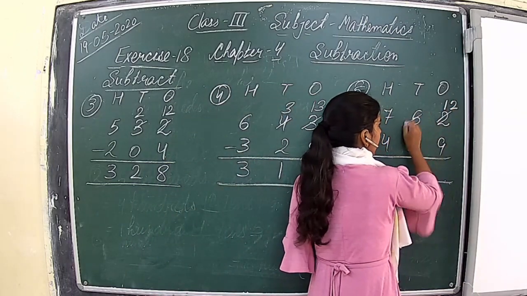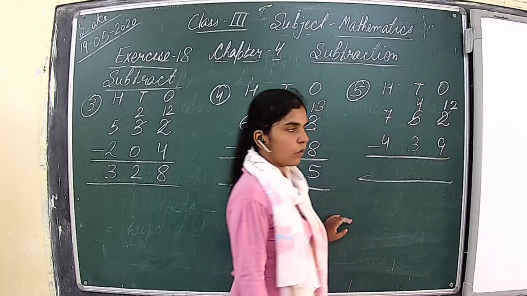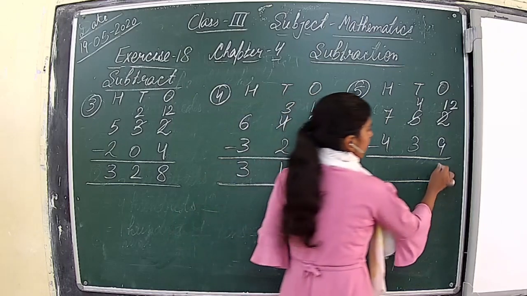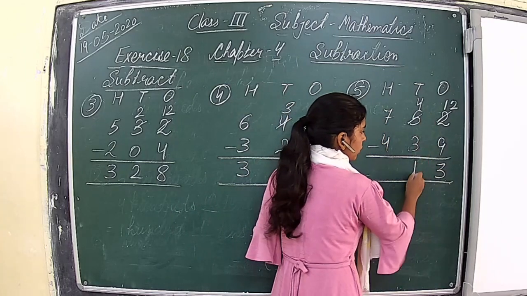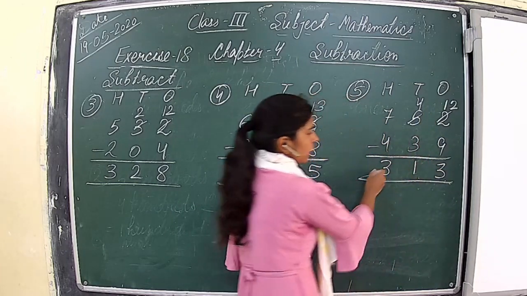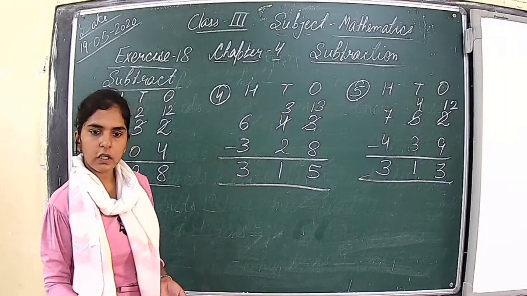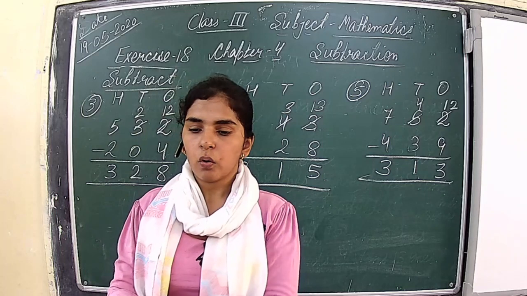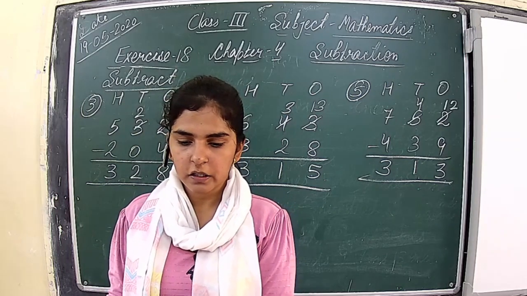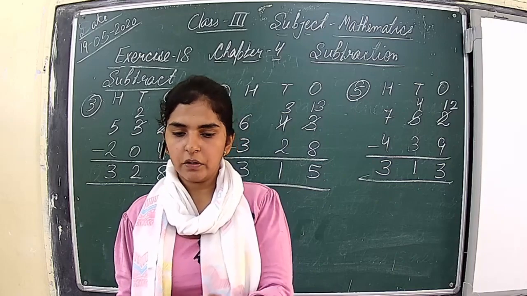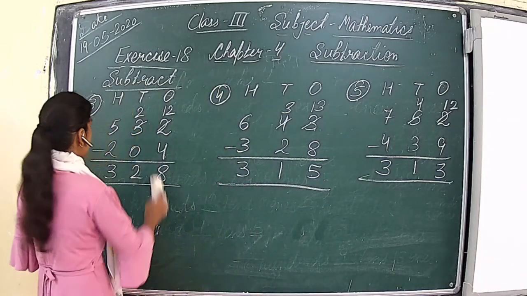It will become 12 and the 5 will become 4. So 12 minus 9 is equal to 3. 4 minus 3 is equal to 1 and 7 minus 4 is equal to 3. So the result is 313. So this kind of questions are there. Now we will solve question number 11.